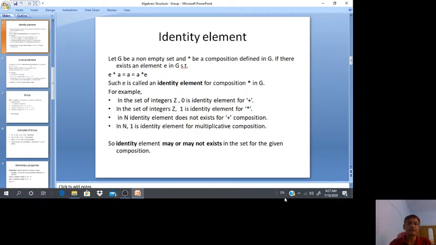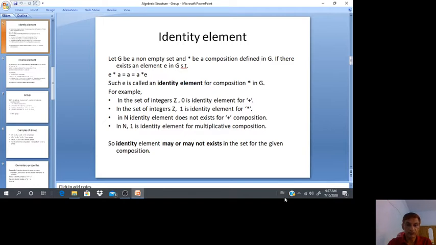For example, in the set of integers for addition composition, we see that 0 plus A is the same as A plus 0. That means 0 is the identity element for the composition addition. Similarly, 1 is the identity element for the composition multiplication.